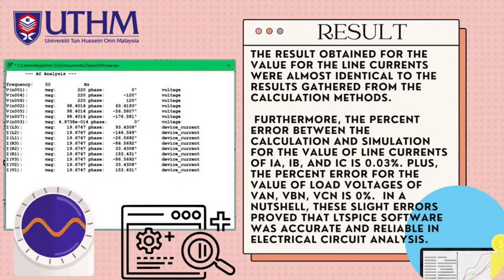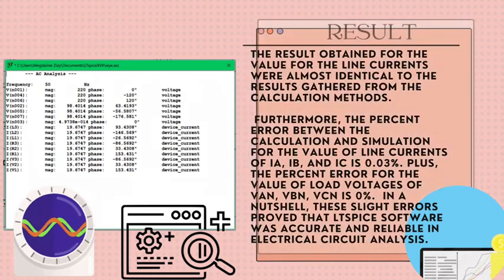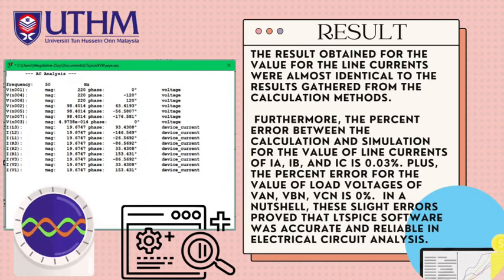Furthermore, the percent error between the calculation and simulation for the line currents IA, IB and IC is 0.03%, while the percent error for the load voltages VAN, VBN and VCN is equal to 0%. In a nutshell, this slight error proved that LTspice software was accurate and reliable in electrical circuit analysis.